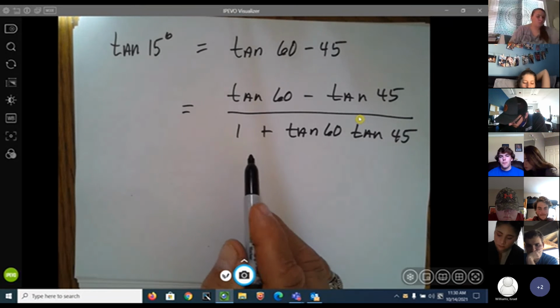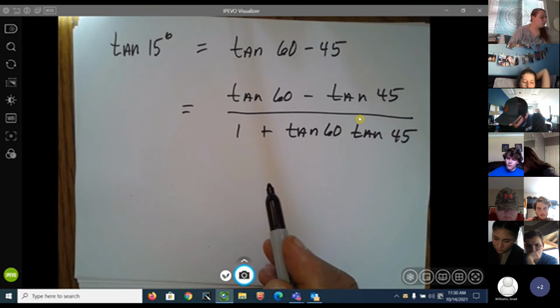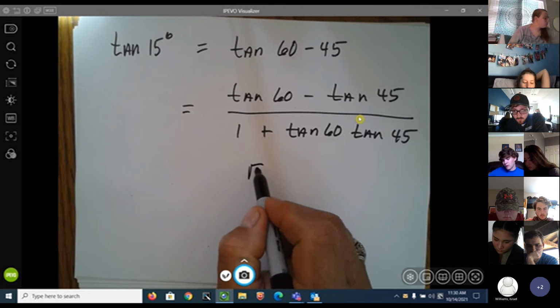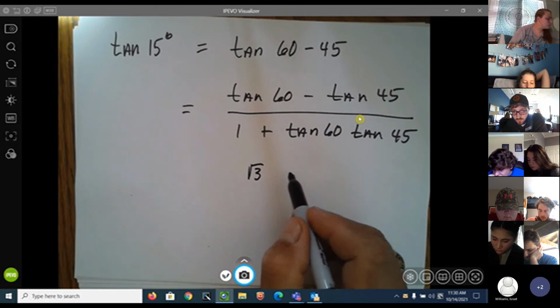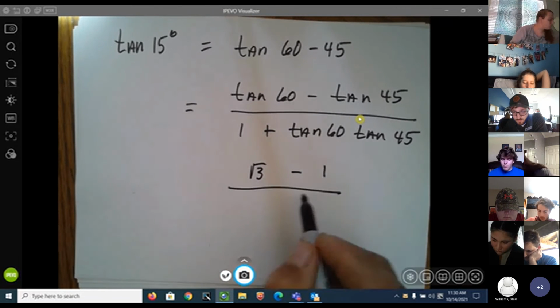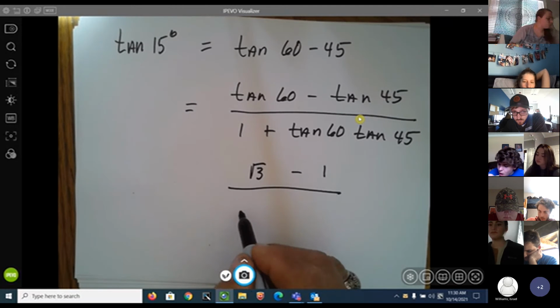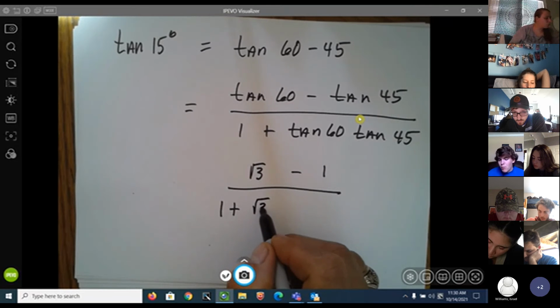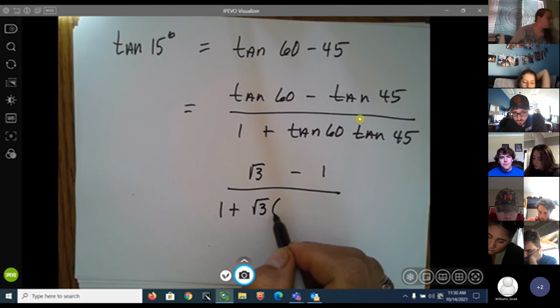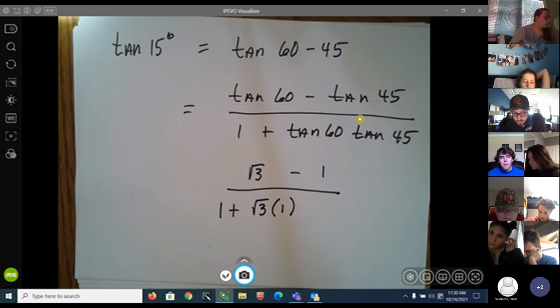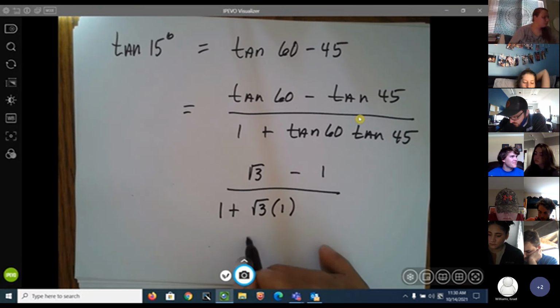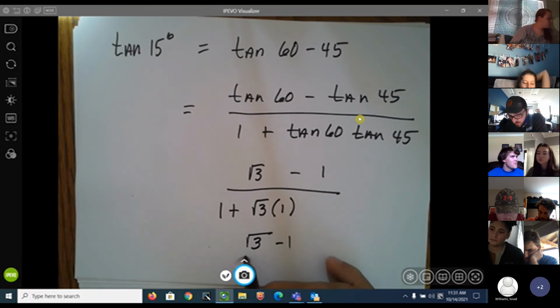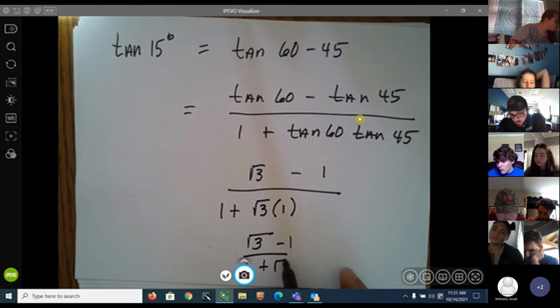So the tan of 60, that's like the square root of 3, minus 1, over 1 plus the square root of 3 times 1, which is equal to the square root of 3 minus 1 over 1 plus the square root of 3.